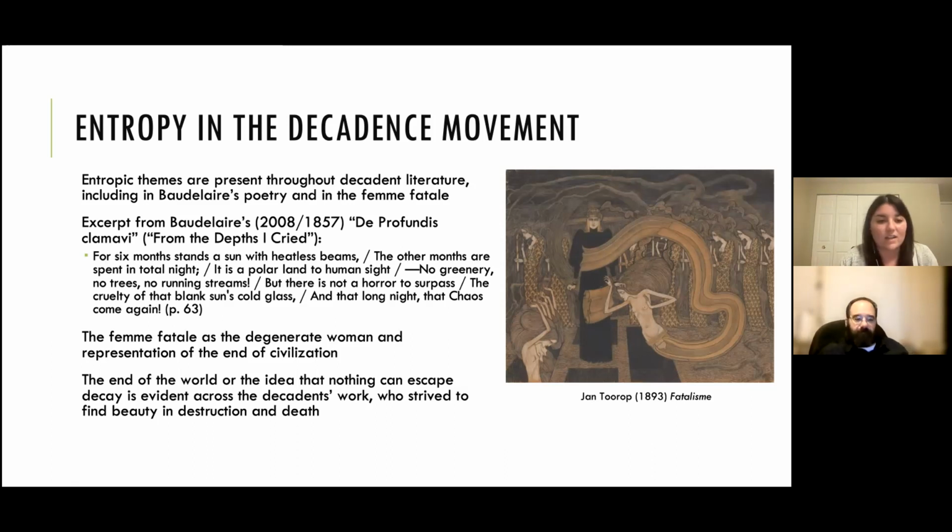This idea that the end of the world, or that nothing can escape decay, is evident across decadence work. We see it in H.G. Wells' Time Machine, which ends with an apocalyptic scene where the sun is dying and the only life left are monstrous beings, and in other works as well. But again, there's an appreciation, a beauty found in destruction and death.